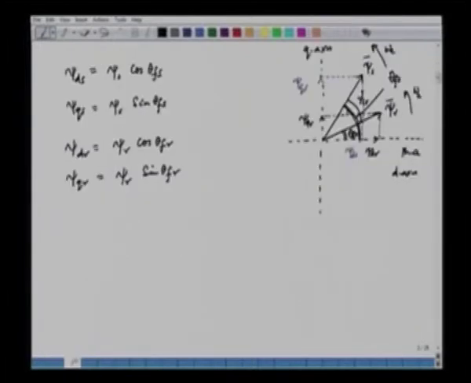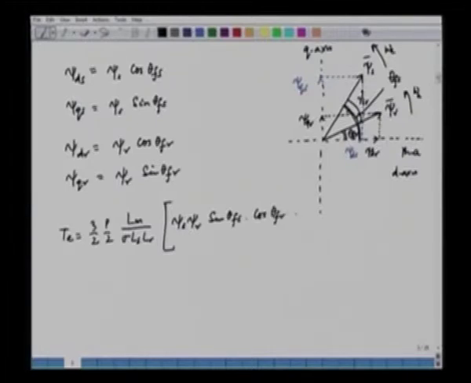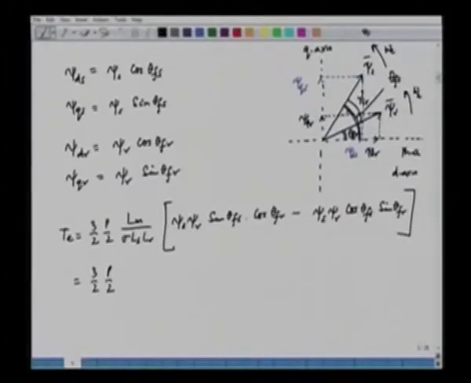So, we can take the equation for the torque Te equal to 3 by 2 P by 2 Lm by sigma Ls Lr, and write this torque expression as psi s psi r into sine of theta fs into cos of theta fr minus psi s psi r into cos of theta fs into sine of theta fr, and we will take psi s psi r common.